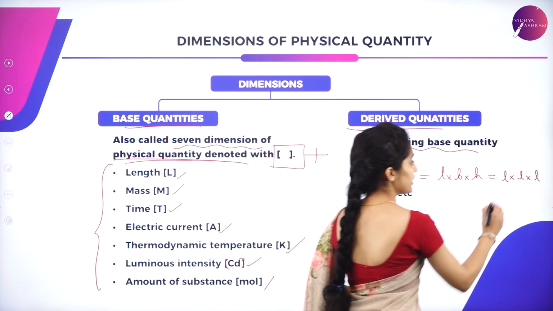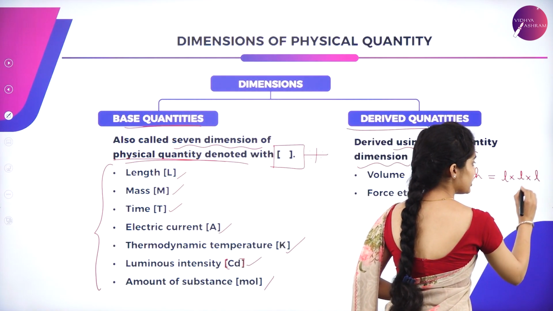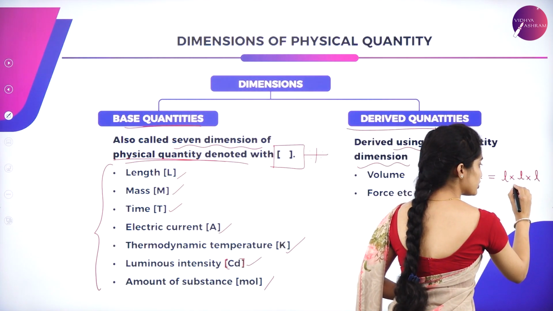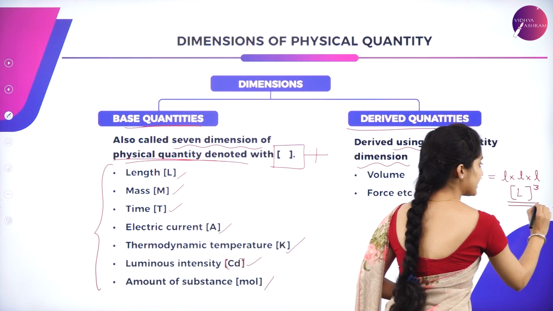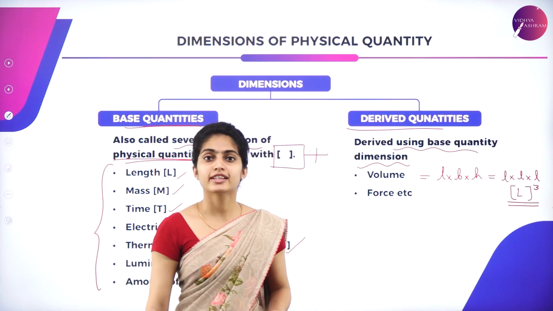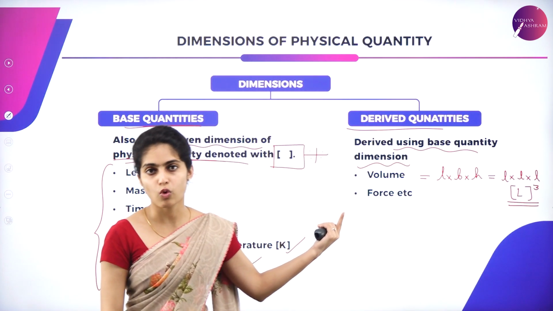So L into L into L is L cube, enclosed in the square bracket. This is the derived dimension of volume.